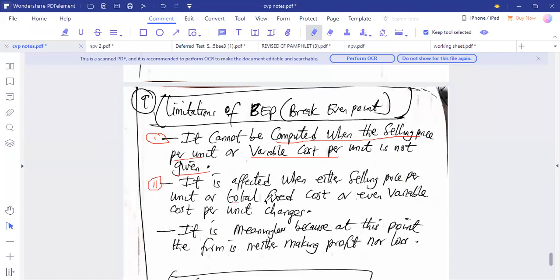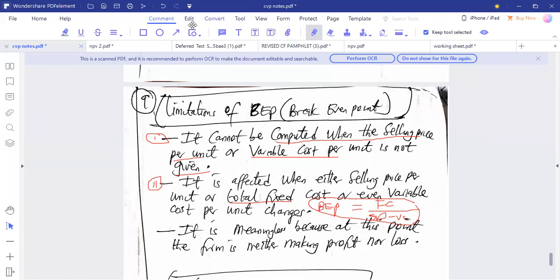That is when the total fixed cost, because we know BEP is equal to fixed cost over the selling price per unit (SP) minus the variable cost per unit. So meaning when one of these parameters change, then the BEP is actually affected.